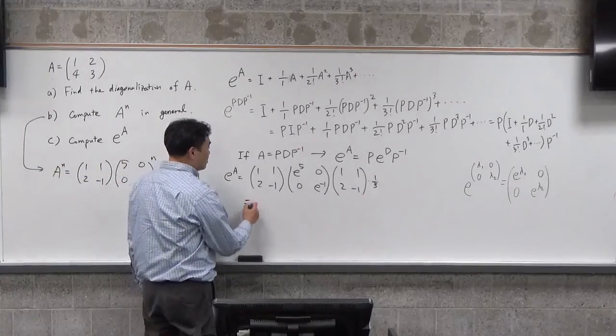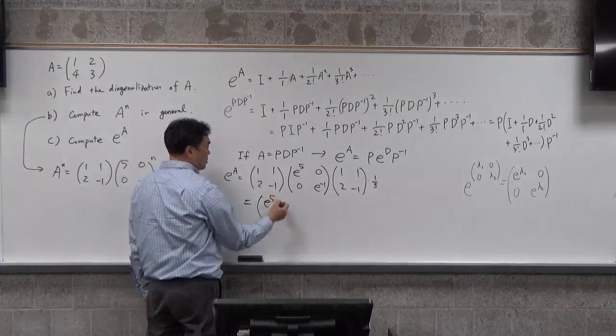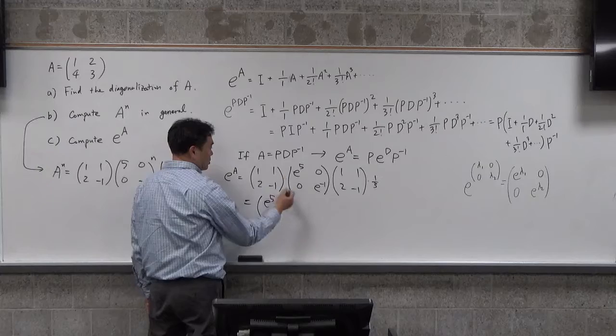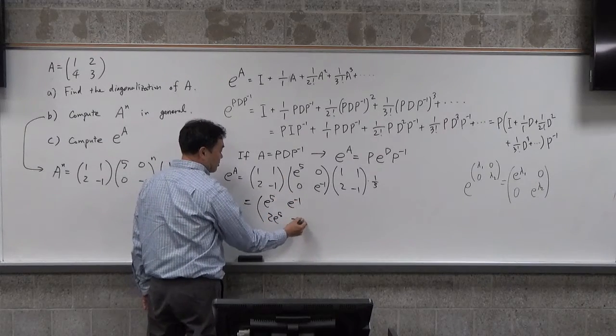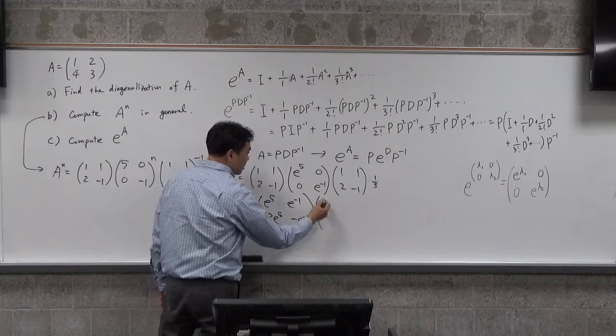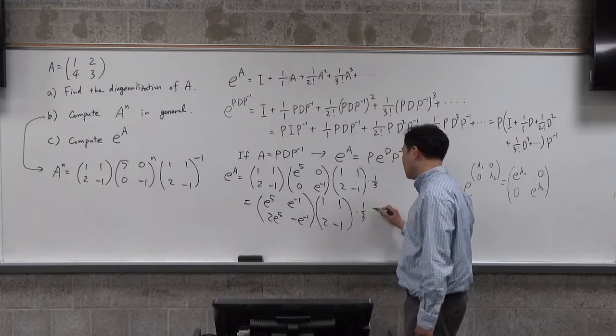Okay? So that's going to be e to the 5th, e to the negative 1, 2e to the 5th, negative e to the negative 1, times 1, 1, 2, negative 1, times 1/3.